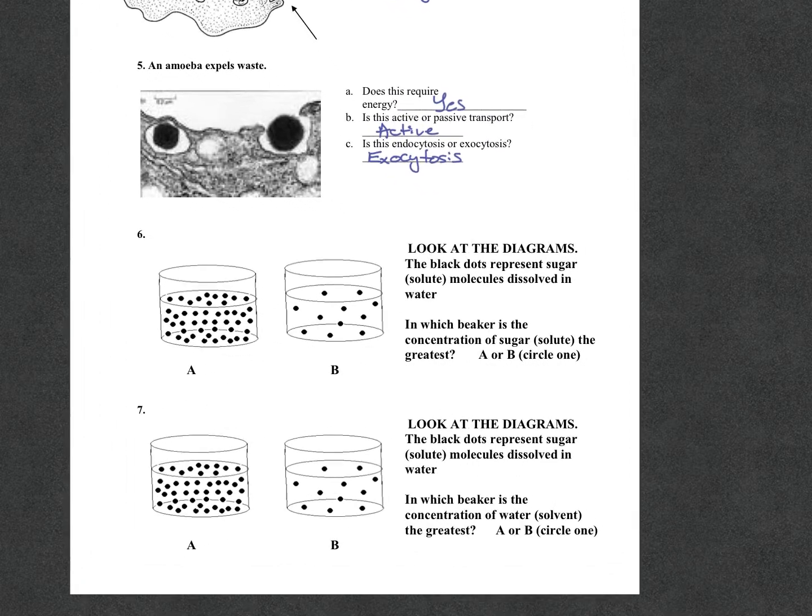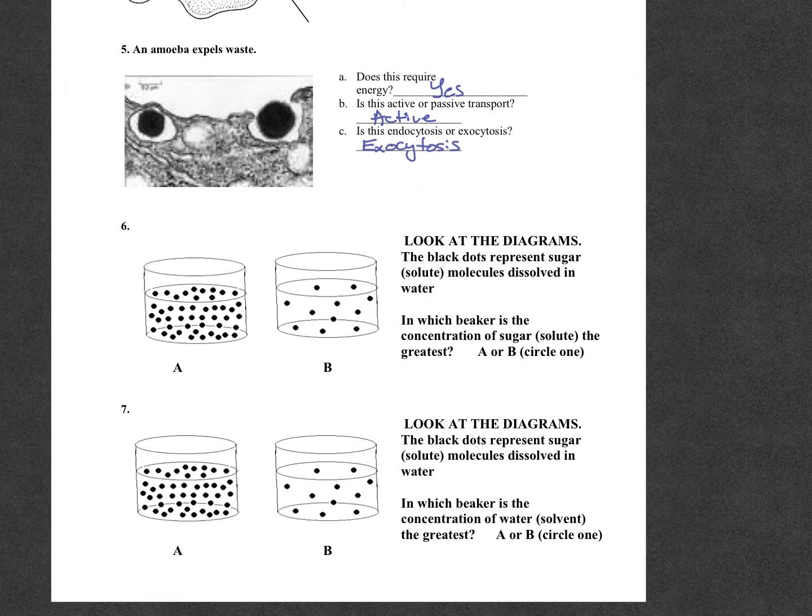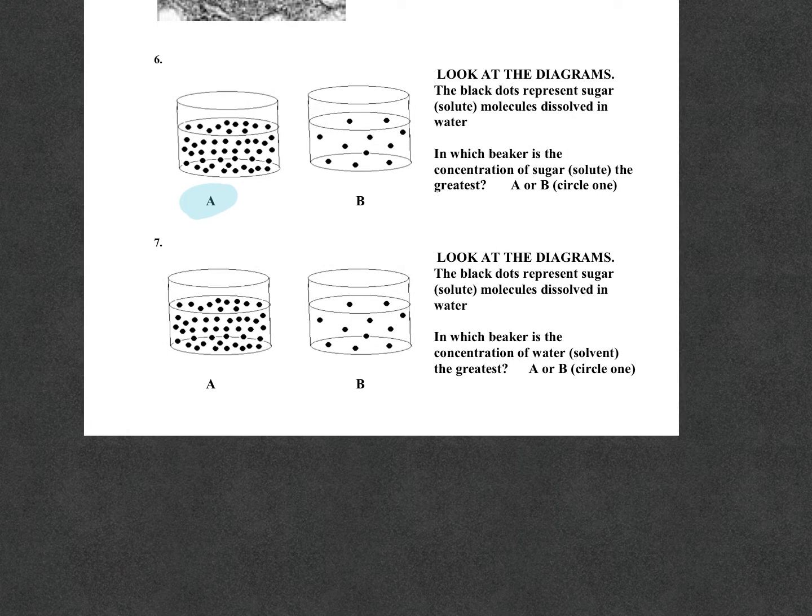So look at the black dots, they represent sugar, solute molecules dissolved in water. This is a real easy question, right? It says in which of these is the concentration of the solute the greatest. I would really hope that no one says anything but A. Which is the concentration of solvent the greatest, A or B? Again, it's just a repeat of the same question for some reason.